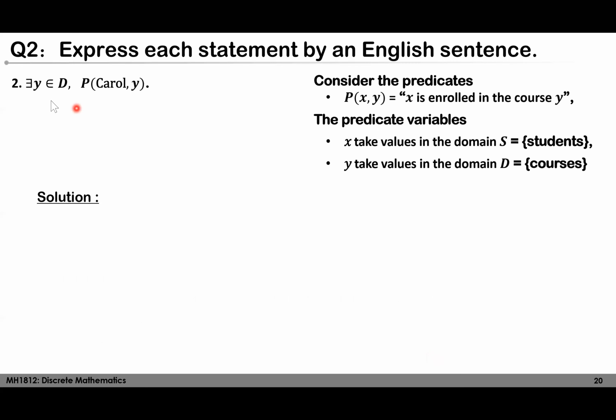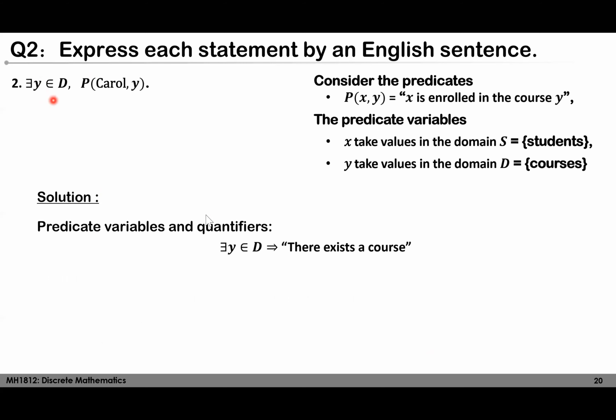In the second sub-question, the predicate variables and quantifiers: there exists y in D translates into there exists a course.